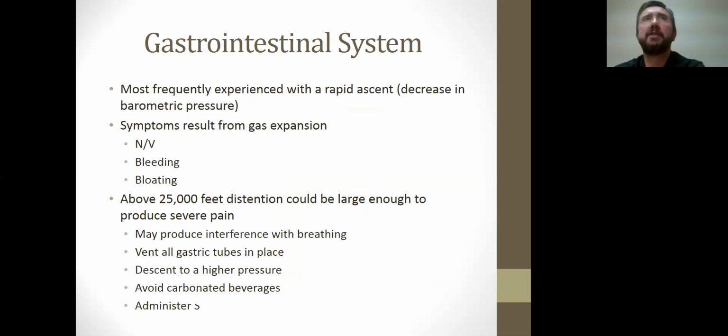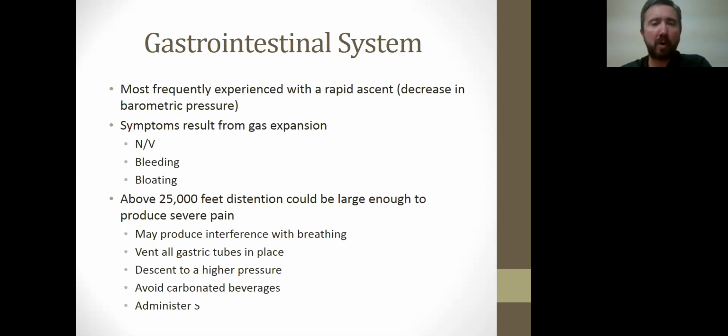Now with the GI system, one thing to remember is that it will be affected by the aspects of Boyle's law, specific hypoxia such as stagnant due to G forces. Patients with ischemic bowel syndrome, or patients with pancreatitis, sequestered bowel, they're all going to deal with some sort of issue due to the natural gas law of Boyle.